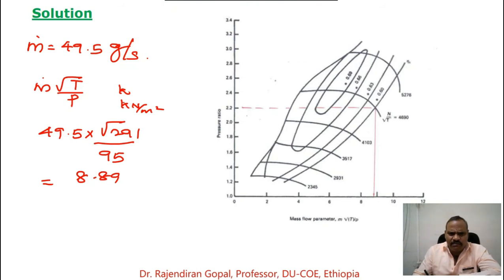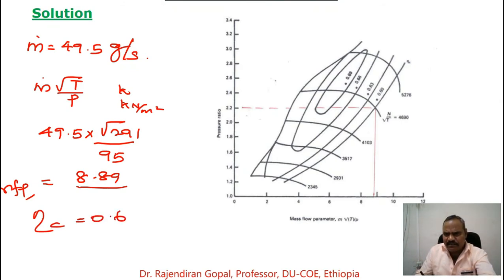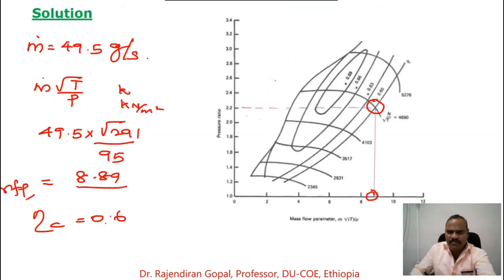We will get 8.89 as the mass flow parameter. Now the compressor efficiency they have given is 0.6, that is 60%. So with this mass flow parameter 8.89 and the compressor efficiency 60%, we will get the pressure ratio PR equal to 2.2. So the pressure ratio P2 by P1 is equal to 2.2.